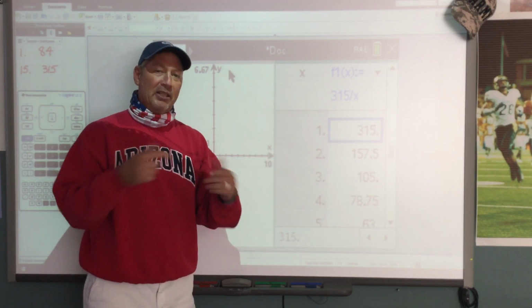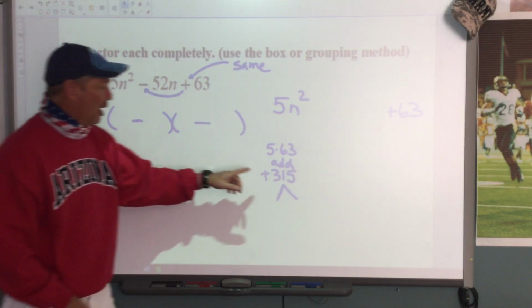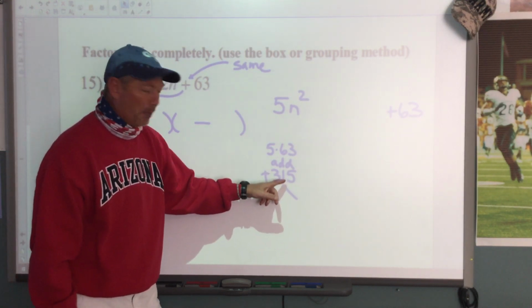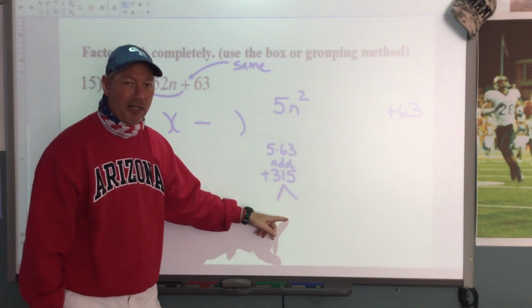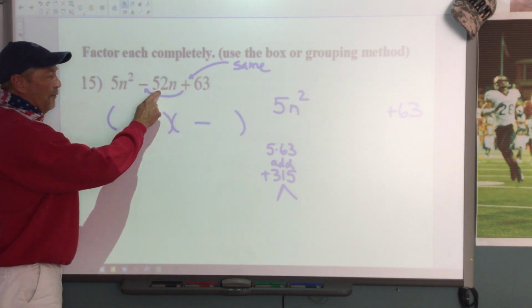But let's go back and check our problem real quick. I'm looking for a combination that's going to multiply and give me 315, but added together, it needs to add up to 52.